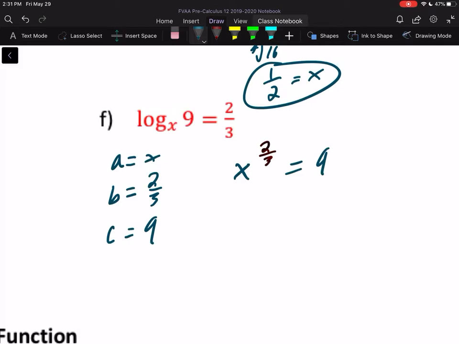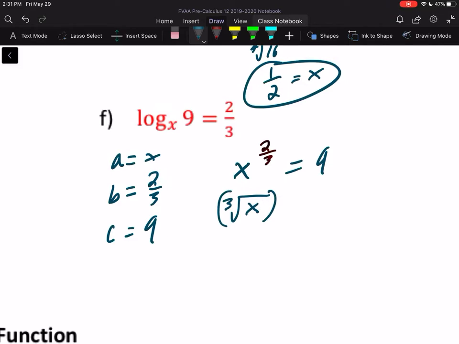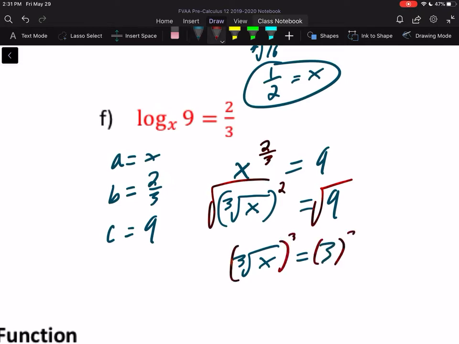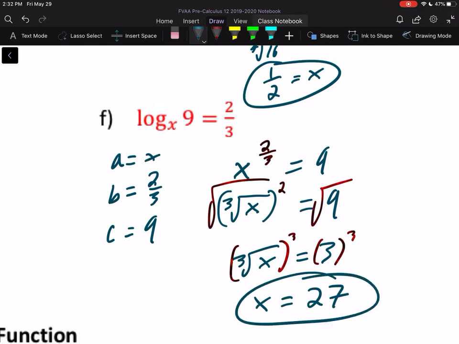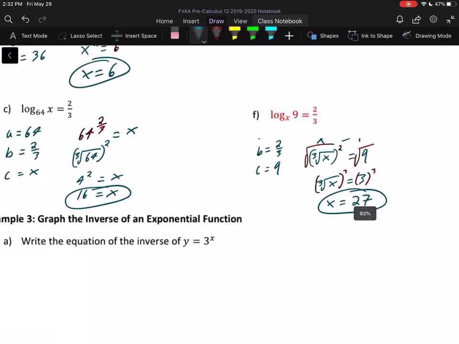You can change this as the cube root of x squared equal to 9, and then you can actually do some algebra, right? You can square root both sides, which gives you cube root of x is equal to 3, and then you can cube both sides, which makes x is equal to 27. All right, so that's an approach there for you guys.